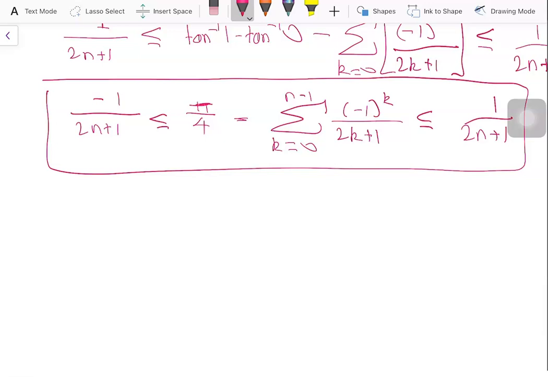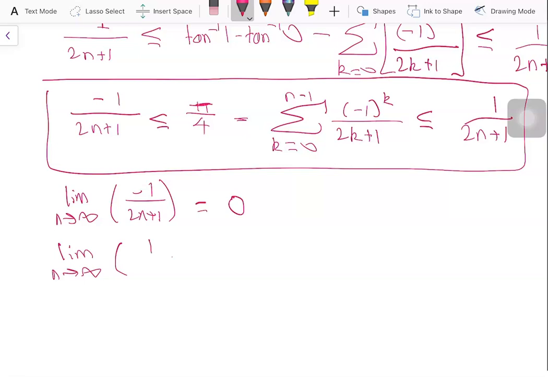To see how it works for an infinite sum, we could take the limit as n goes to infinity of each of the sides. If you have a look at the left-hand side limit, we have negative 1 over 2n plus 1 as n goes to infinity, and since the denominator goes towards infinity, this limit will approach 0. Similarly on the right-hand side, the denominator again goes to infinity, so the limit is also 0.